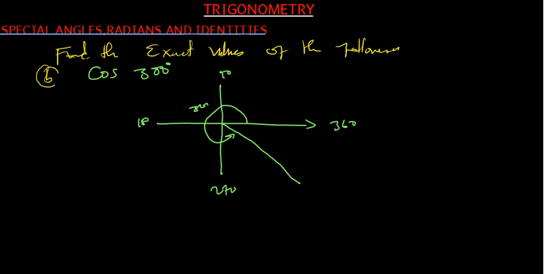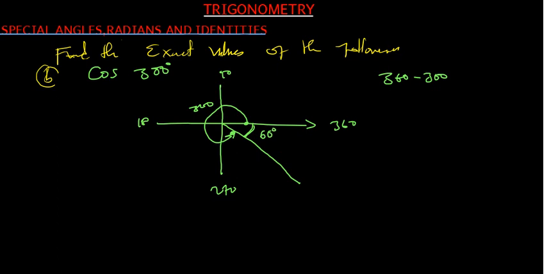But remember, we need to find the acute angle associated with the x-axis. So the one associated with the x-axis is that one. So if from the start up to where we've ended there is 300, and you know that the complete revolution makes 360, what will be that acute angle? So it will be 360 minus 300, which is going to give us 60 degrees.